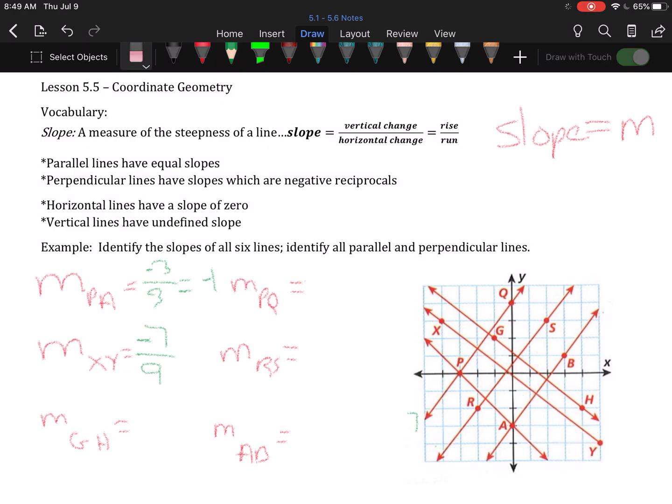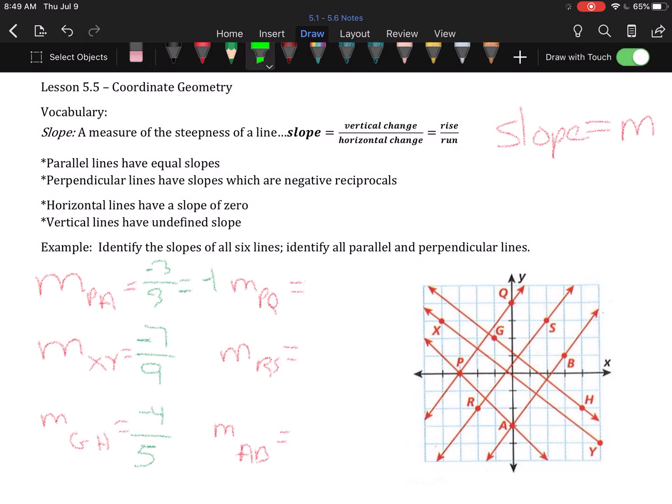That fraction doesn't simplify. So that is the slope of that line. Line GH lies here. And to get from G to H, we have to go down 1, 2, 3, 4. So down 4. And then we turn and go right 1, 2, 3, 4, 5. So the slope of GH is -4/5.